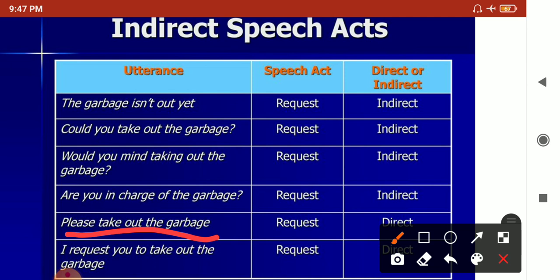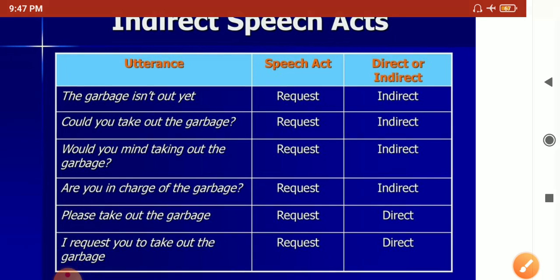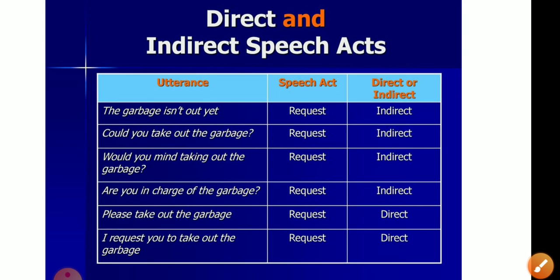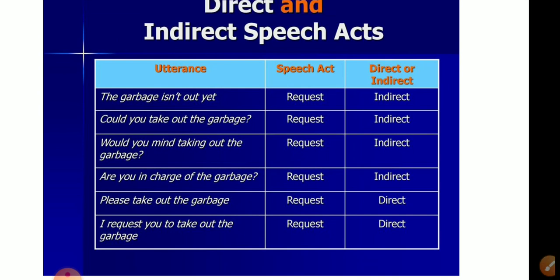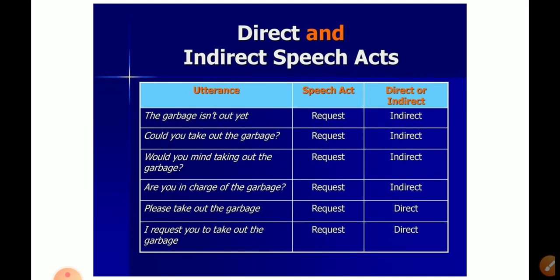It's a plain statement, and the function is also to make a request. So there is a one-to-one, direct relationship between the structure of the sentence and its function. Hence, it is a direct speech act. I request you to take out the garbage. Another direct speech act where you find a request.